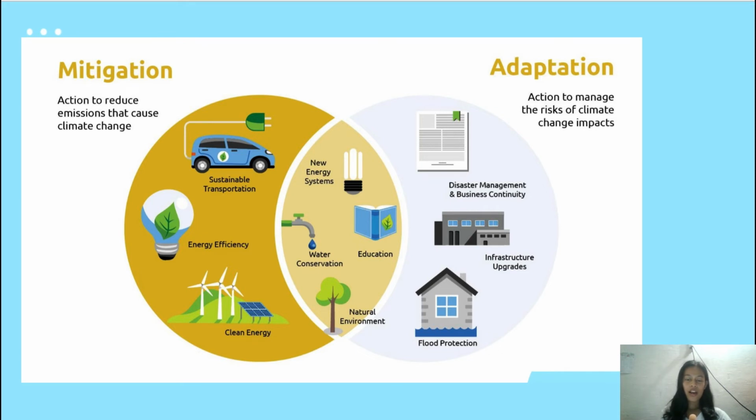So katong gikan gyud ni Clair nga patasa-on ang balay kung di man ay baha, ipatasa nila, or mo-renovate sa ilang balay depende sa surrounding nila. The next is flood protection, or like sa akong example karon lang jud. And for the common is new energy system, education, water conservation, and natural environment.